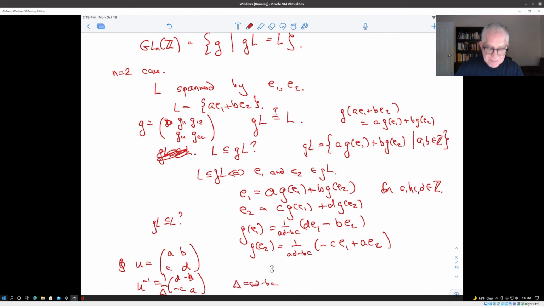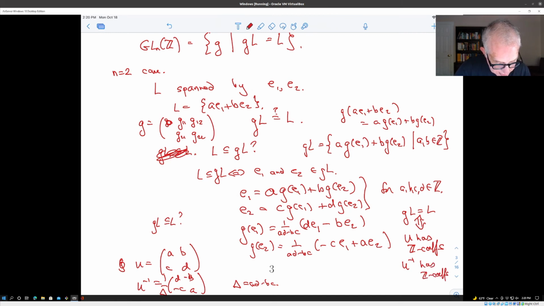This is just something we've used before, a little trick with 2x2 matrices. If you multiply these two matrices together, you will get the identity. And what we've shown here is that GL is equal to L if and only if U has integer coefficients, that's the A, B, C, D from these equations, but also U inverse has Z coefficients.